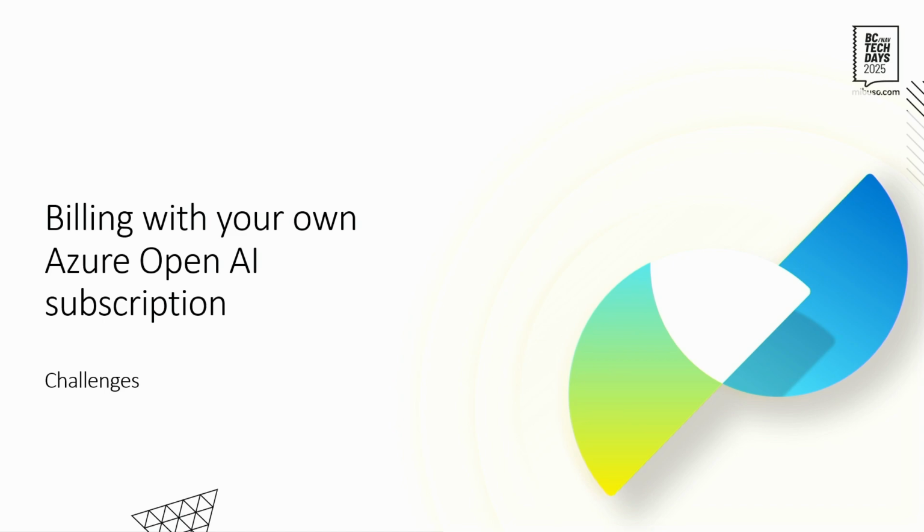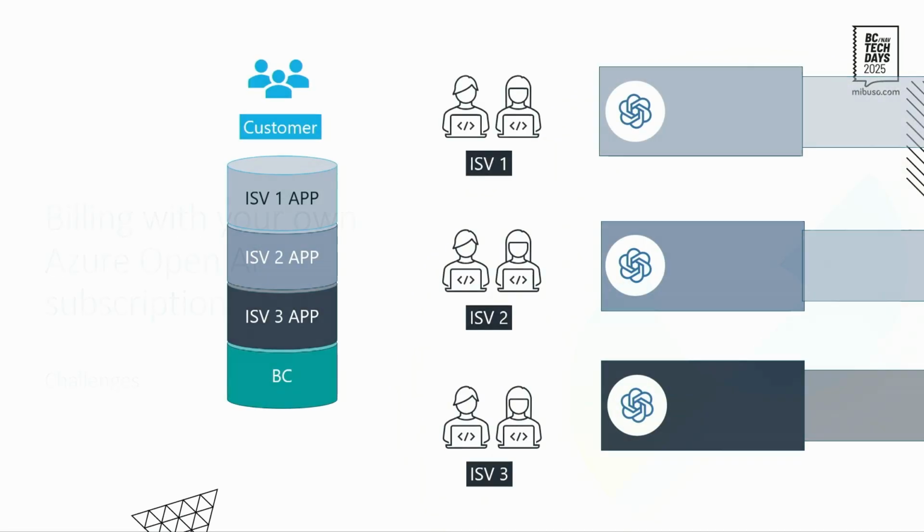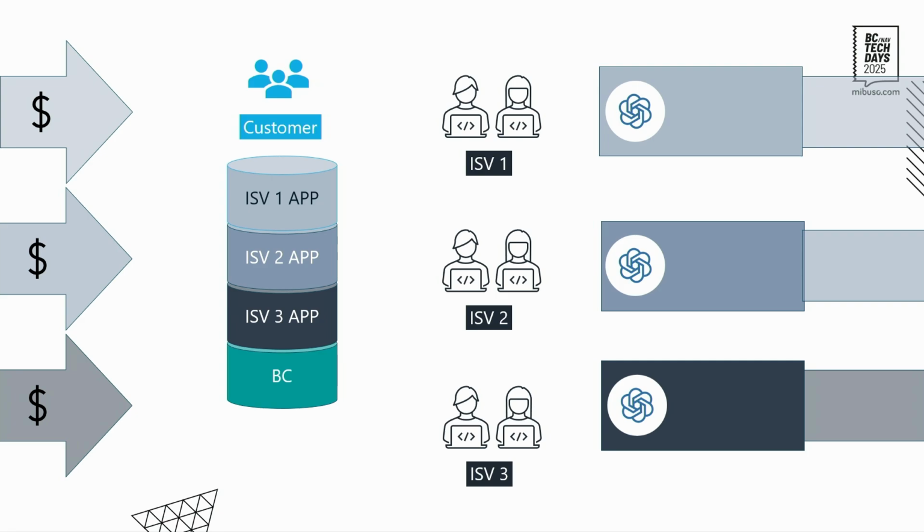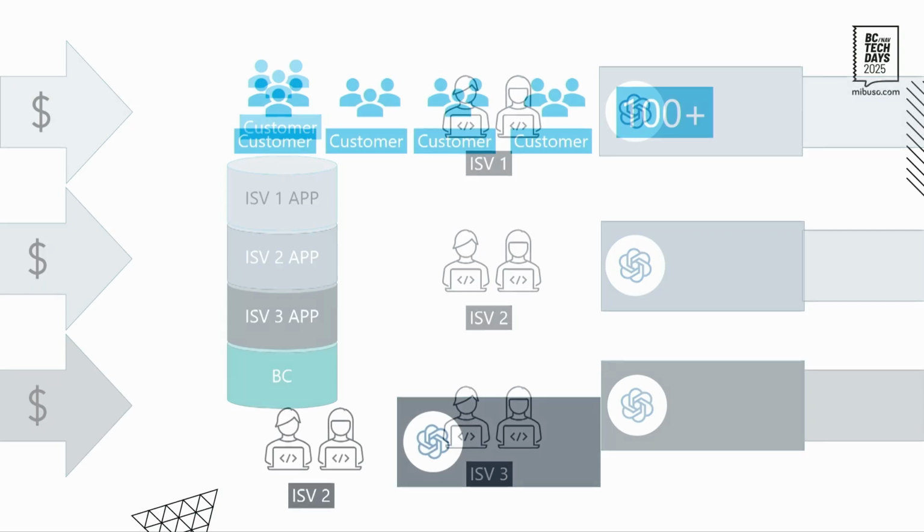Now let's talk about the billing of AI resources. If you are using your own subscription, you'll likely run into some challenges with managing billing across customers. You can imagine a customer having three different ISV solutions installed. Each of those ISVs has their own billing mechanism because they have their own Azure OpenAI subscriptions. That means the customer will have three different bills, for example, and that can be confusing.